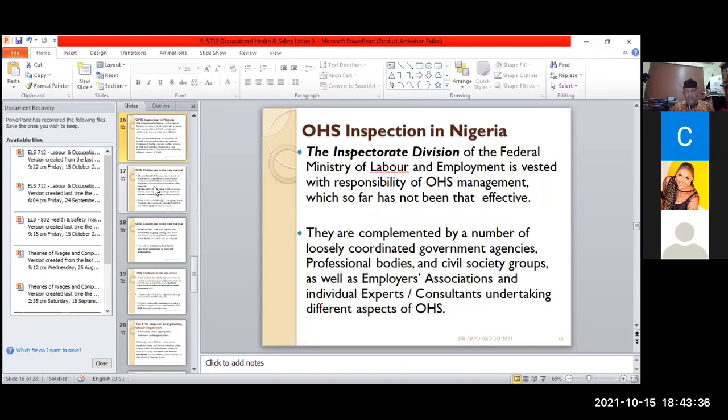But yet, they are still the ones saddled by law. Also pulling their weight, we have some civil groups that will respond to any issue that bothers the workplace. They are always there.